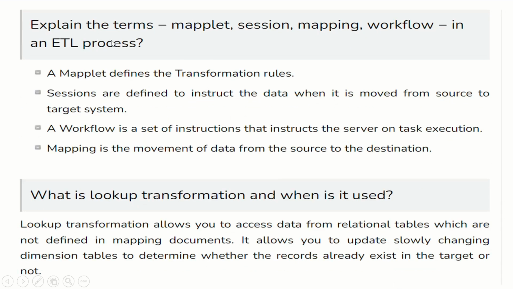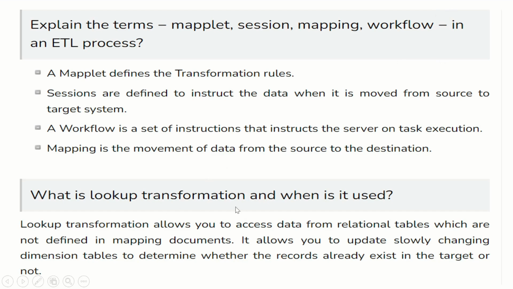Explain the terms mapplet, session, mapping, workflow in the ETL process. A mapplet defines transformation rules. Sessions are defined to instruct the data when it is moved from source to target system. A workflow is a set of instructions that instructs the server on task execution. Mapping is the movement of data from source to destination.